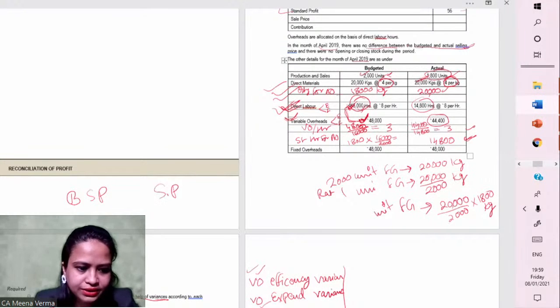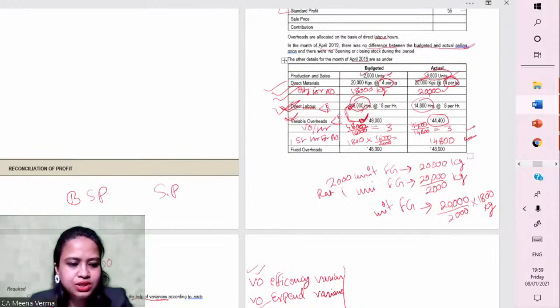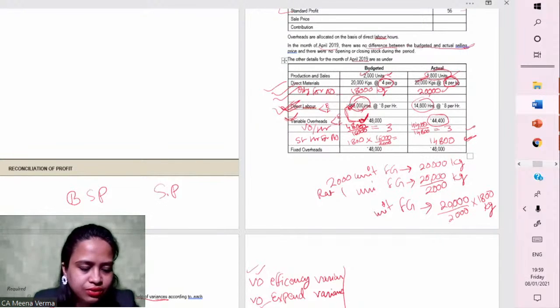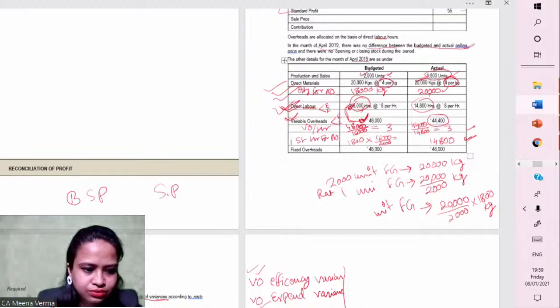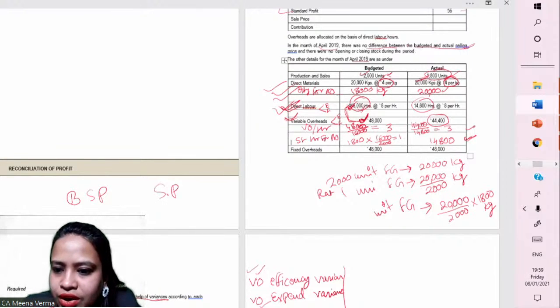Okay, you have calculated the efficiency variance, which is 3200. Why is this different? Let me see. This will come as 14,400.